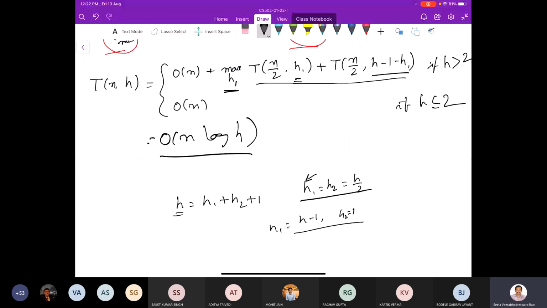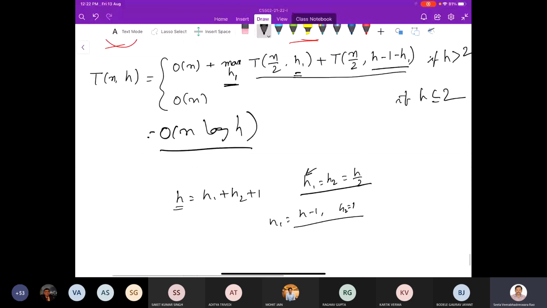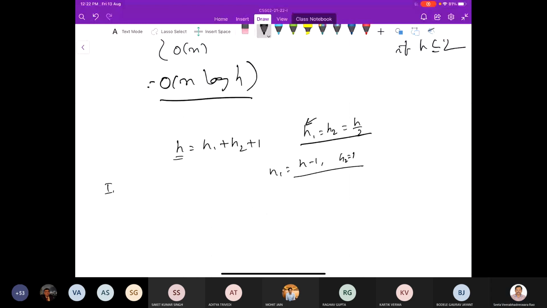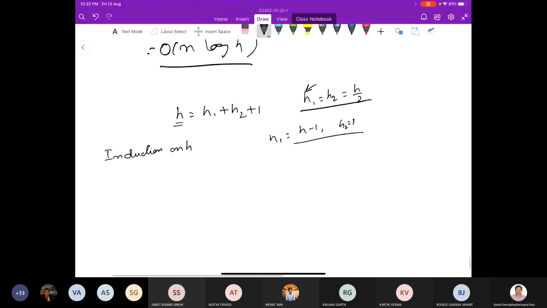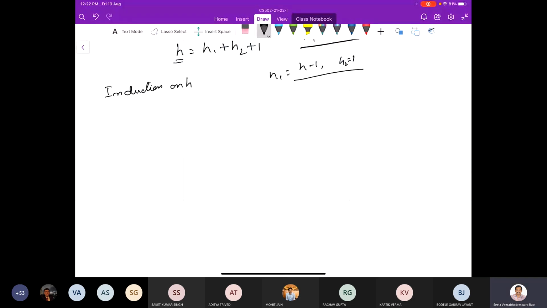So we'll prove this by induction on h. For the basis, h is equal to 2.